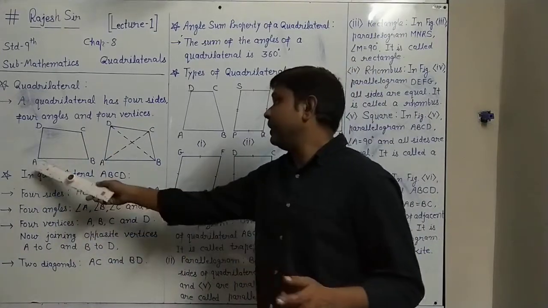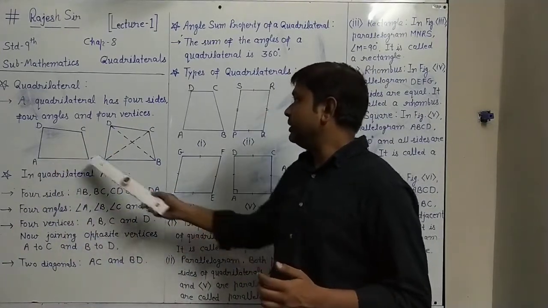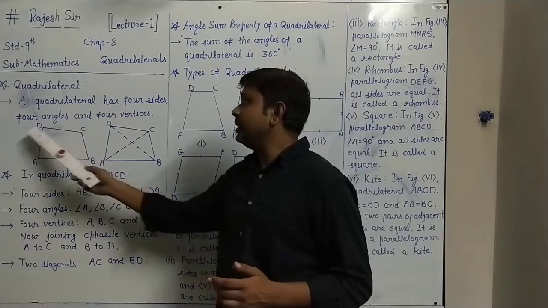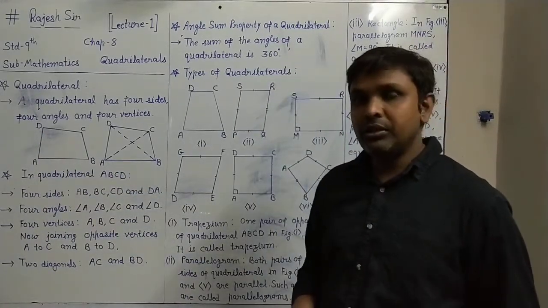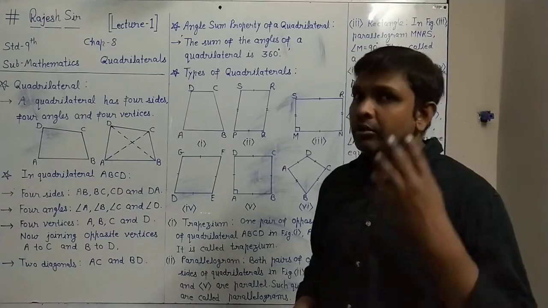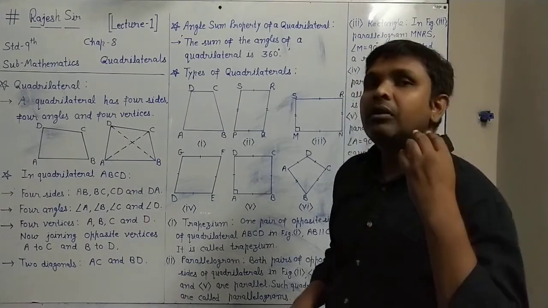They are point A, B, C and D. So quadrilateral has 4 sides, 4 angles and 4 vertices.